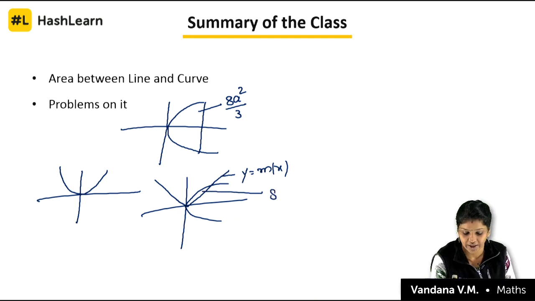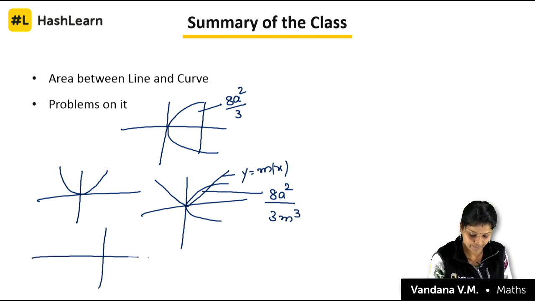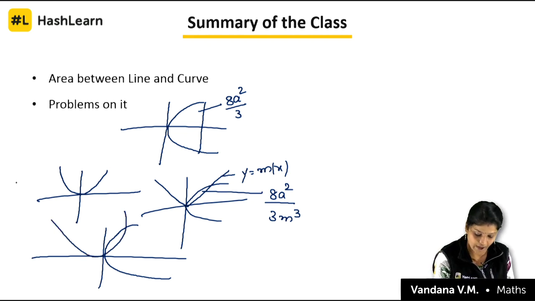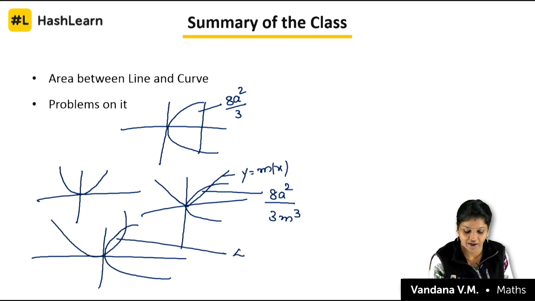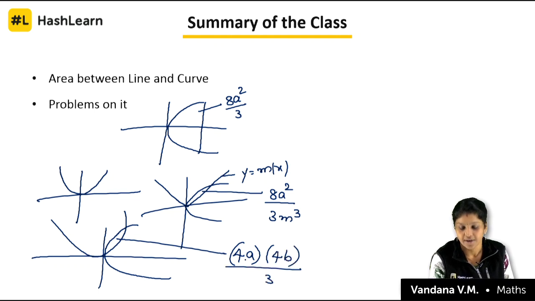Here the value is 8a square by 3 into m cube. And the next one is the intersection of 2 parabolas. The required one is 4a into 4b by 3, that is 16ab by 3, and the remaining two are very simple things that you can remember easily.